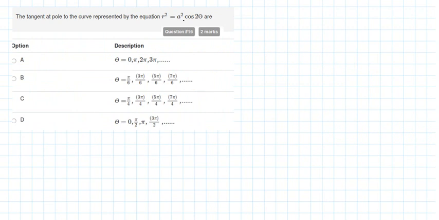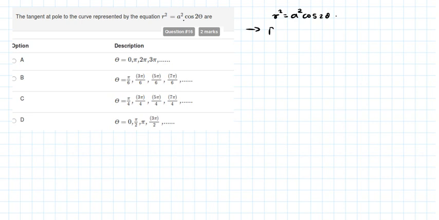First example is to find the tangent at the pole to the curve represented by the equation r square equal to a square cos 2 theta. So we'll write the equation first. r square equal to a square cos 2 theta.